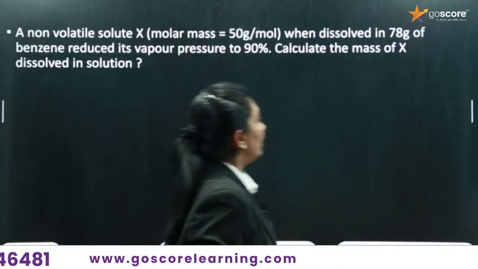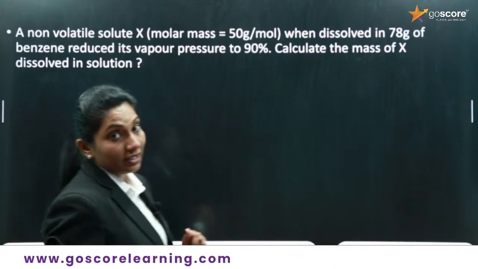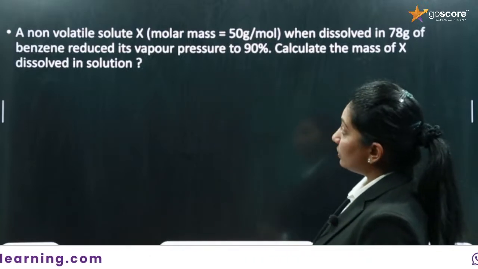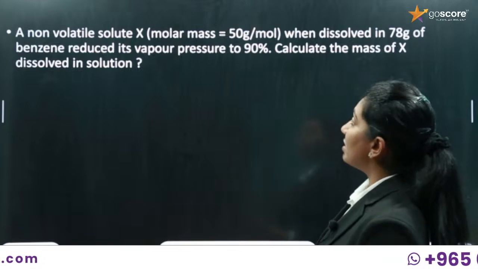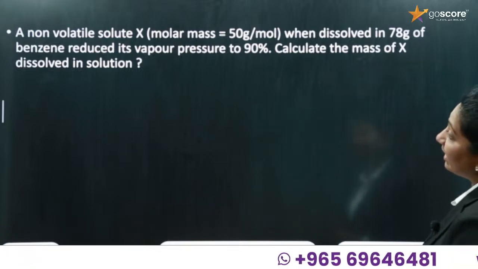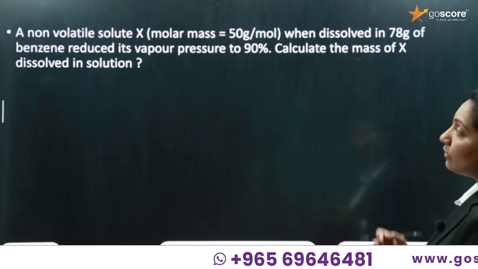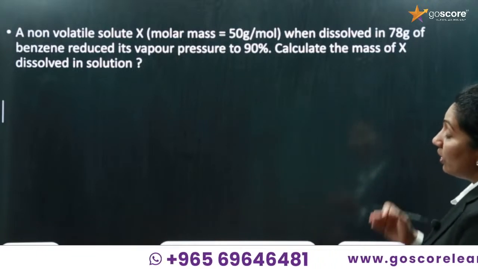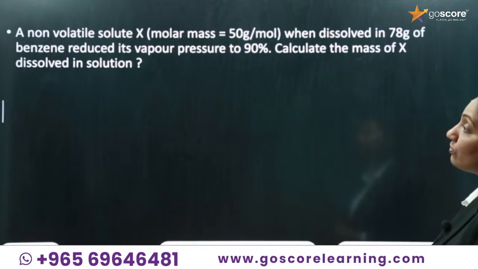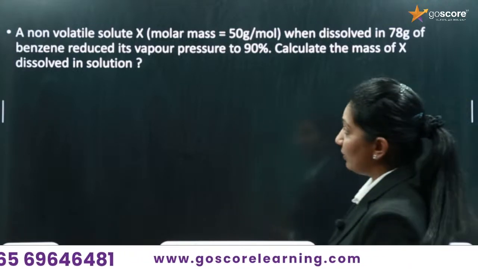Now let's solve a numerical based on this equation. A non-volatile solute X with molar mass 50 gram per mole, when dissolved in 78 gram of benzene, reduced its vapor pressure to 90%. Calculate the mass of X dissolved in the solution.